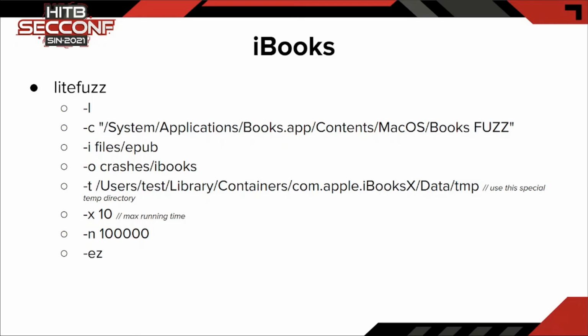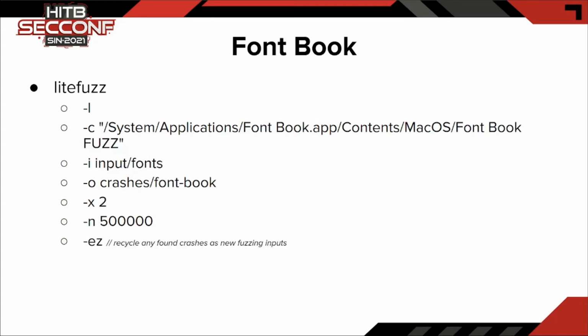So -e, essentially the -e command is just a feature of LightFuzz that says recycle any of the crashes that you found. Make those as inputs once you're finished with the iterations that we're running. So in this example, after 500,000 iterations, it would say, okay, did I find any crashes? If so, copy those crashes to a new input directory. Use that input directory for a new fuzzing session for 500,000 iterations.